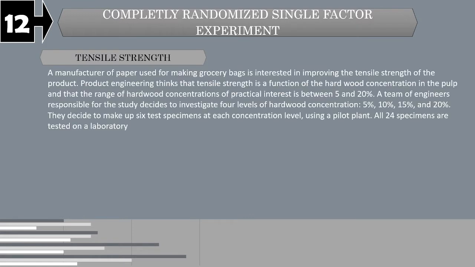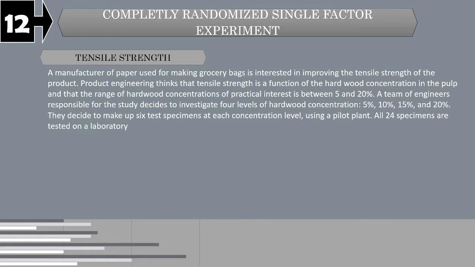Let's have an example. A manufacturer of paper used for making grocery bags is interested in improving the tensile strength of the product. Product engineering thinks that tensile strength is a function of the hardwood concentration in the pulp and that the range of hardwood concentration of practical interest is between 5 and 20%.